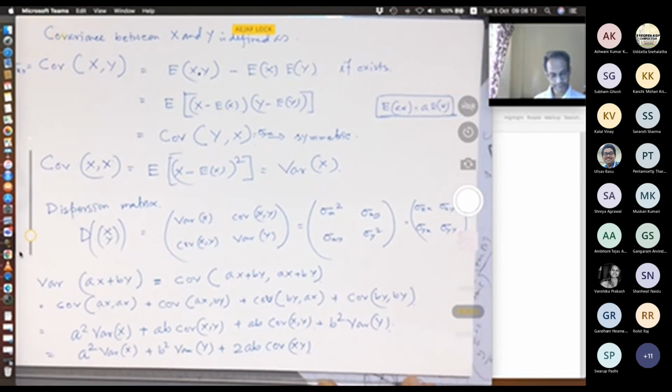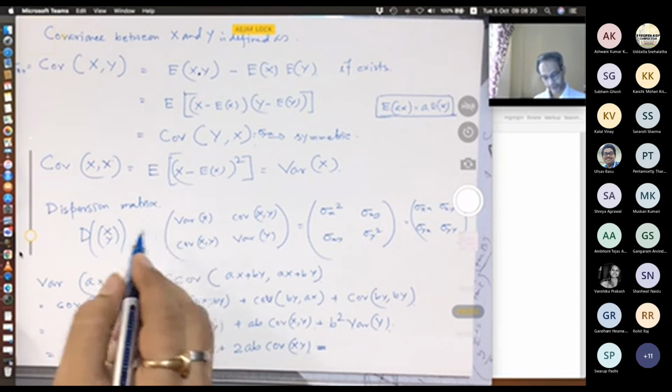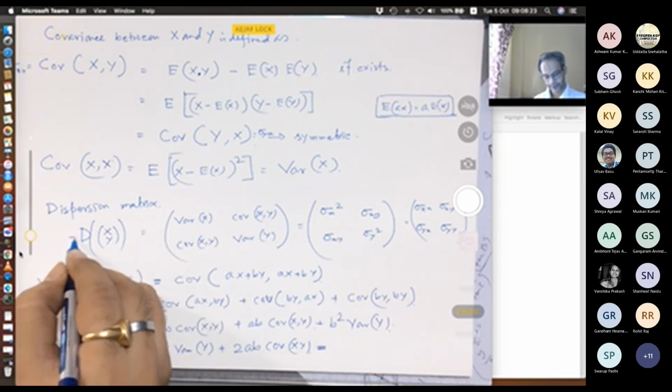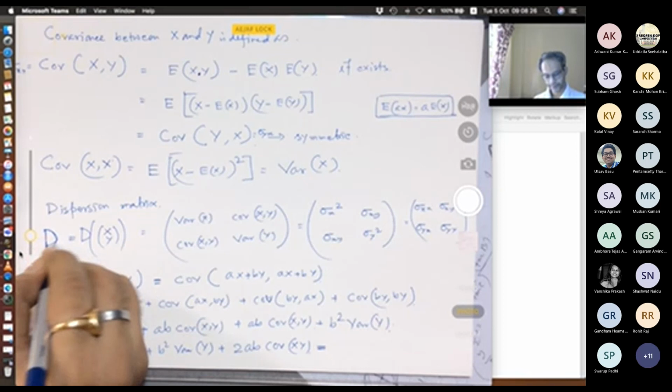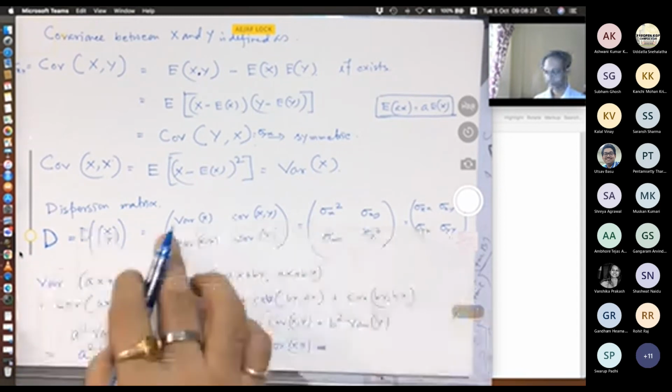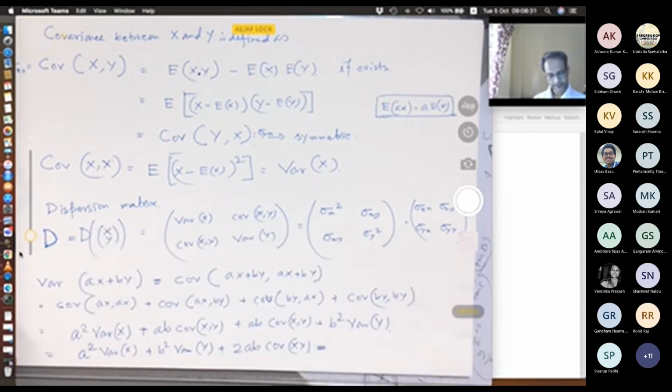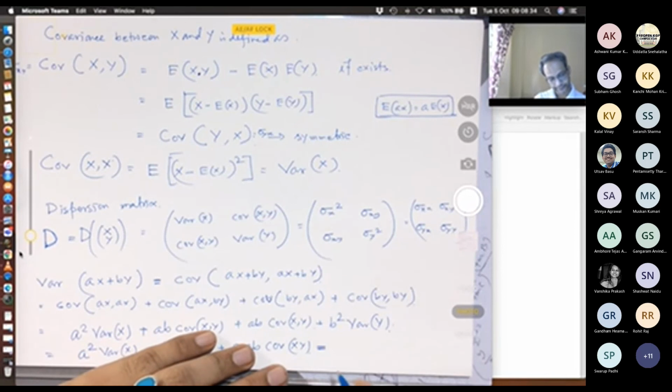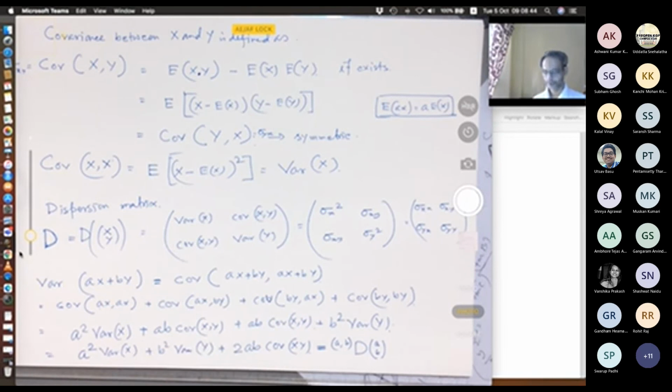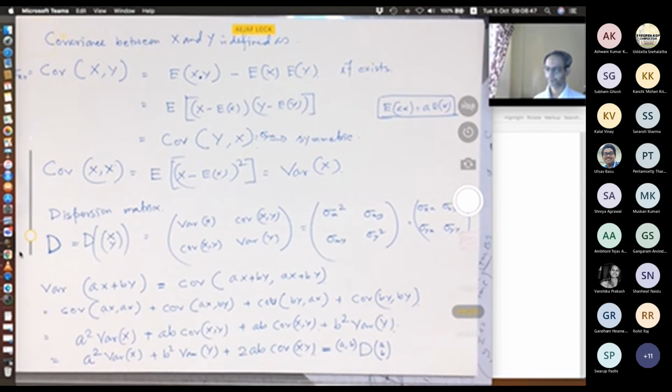Now I am trying to tell you another general form here. If I call this matrix, say, D matrix, then can we write it in this way: AB as a row vector, the matrix D, and AB as a column vector?